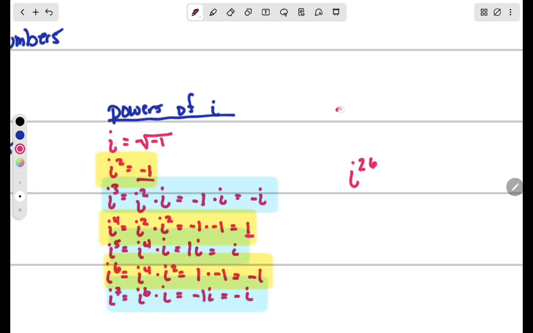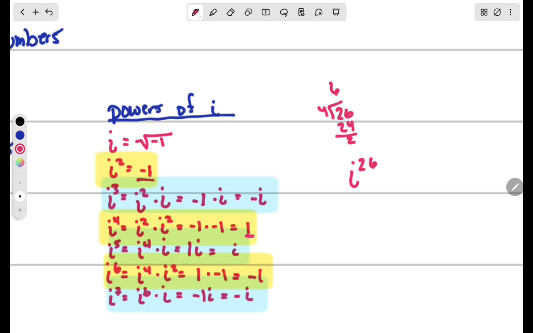Can 4 go into 26? 26 divided by 4, we get 6 and that's 24, so we have 2 left over. So we have an i squared left over.